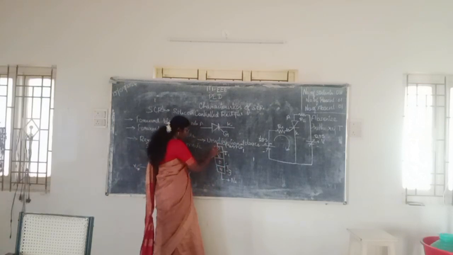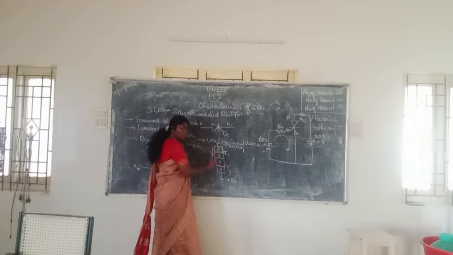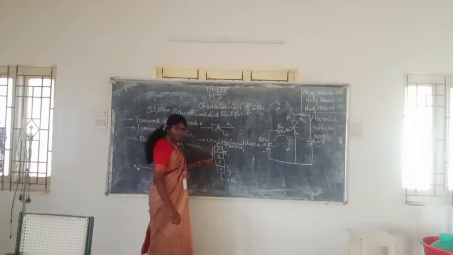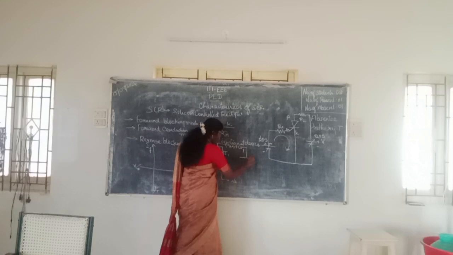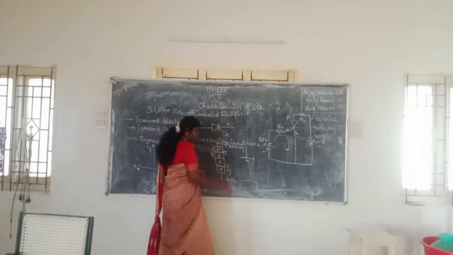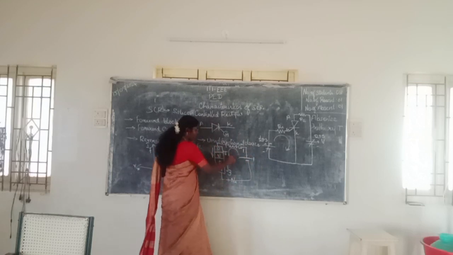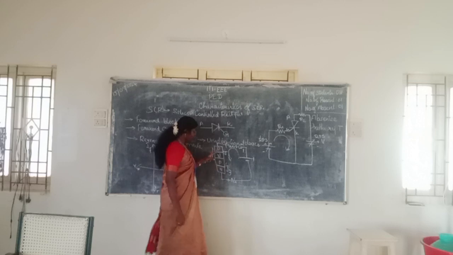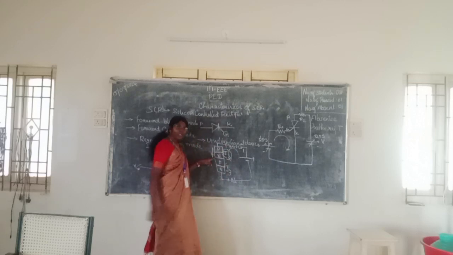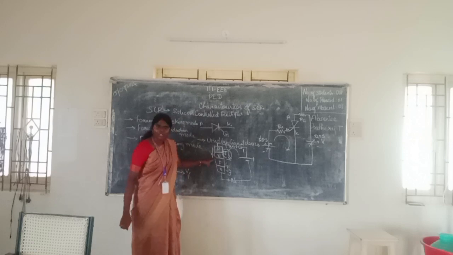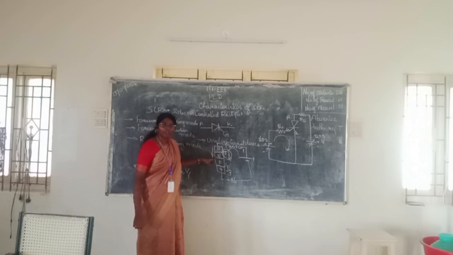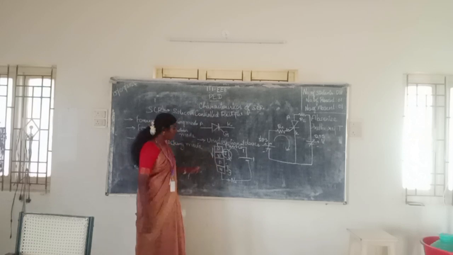If you see the current flow, how it will be towards this side, right? Anode to cathode only, because anode is connected to positive and cathode is connected to negative. So this is the way it will flow, correct? So taking junction J1, PN, it will be in the conduction stage, or we can say it will be in the on state.